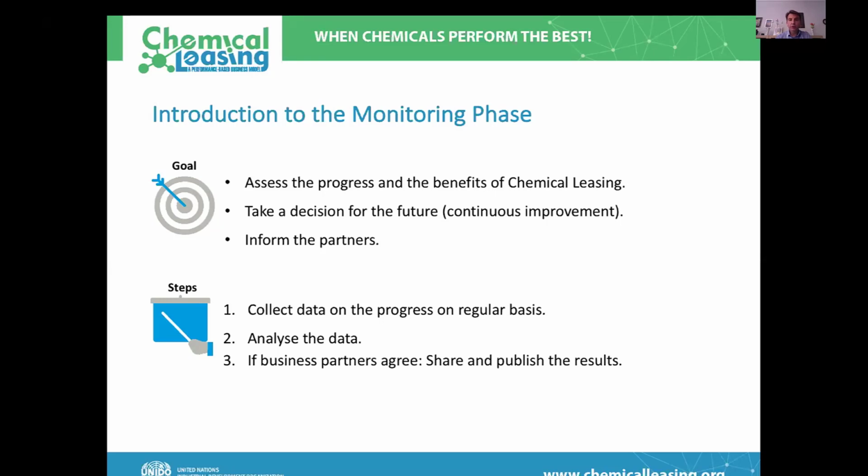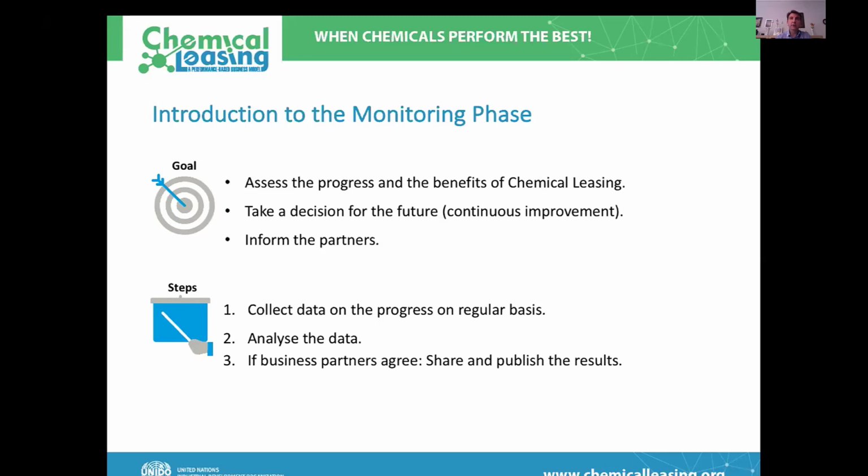Then based on those results and monitoring data, you can take the decision for your future, whether it will be to stop chemical leasing or to continue. In our experience, 90% of chemical leasing contracts are continued, and then you can continue with improvement because this is one of the sustainability criteria.